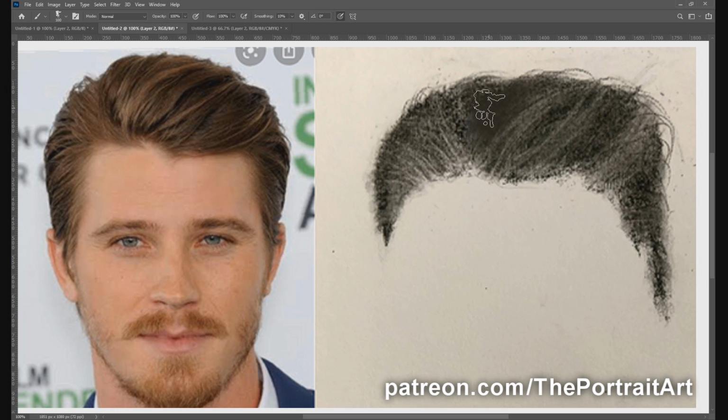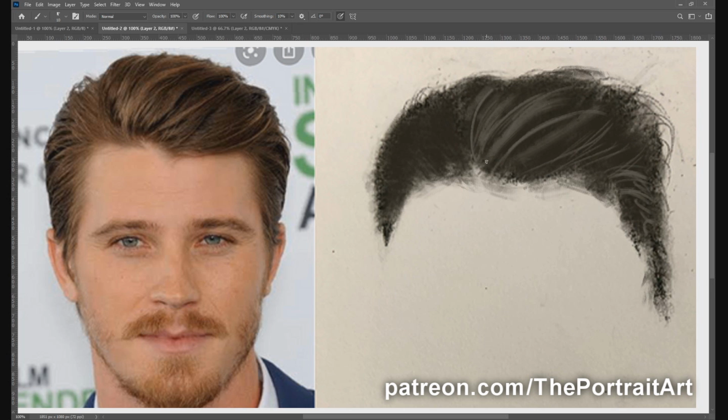This is not so much for this specific drawing, but in general, you would use charcoal to create an underlying tone like this, that matches the overall shape.